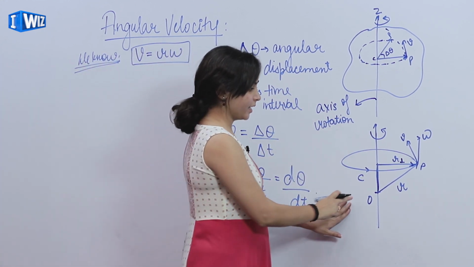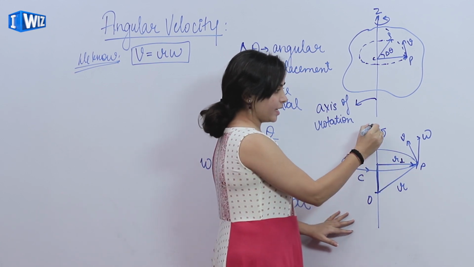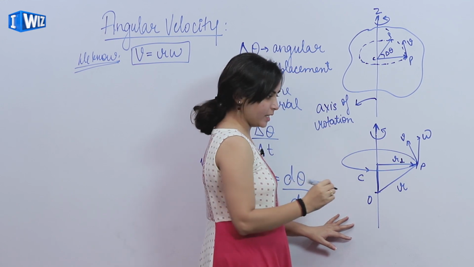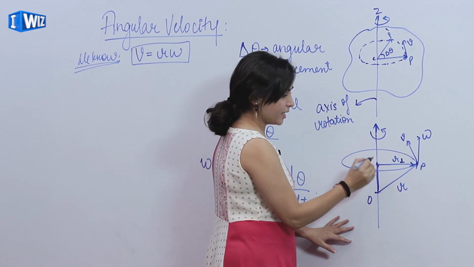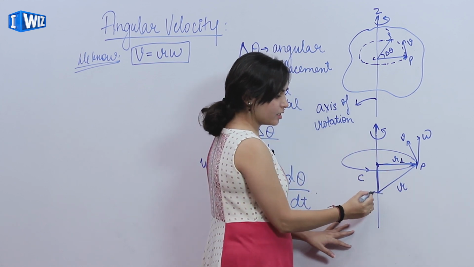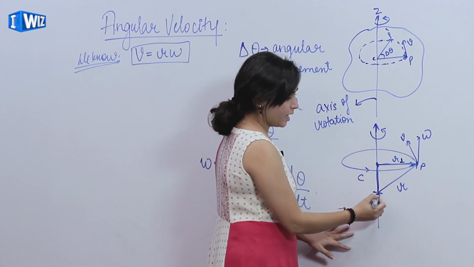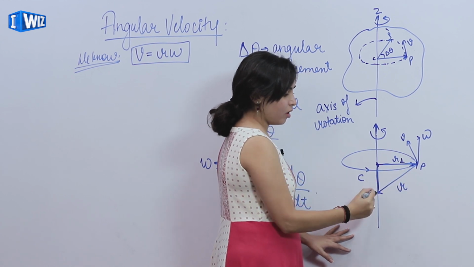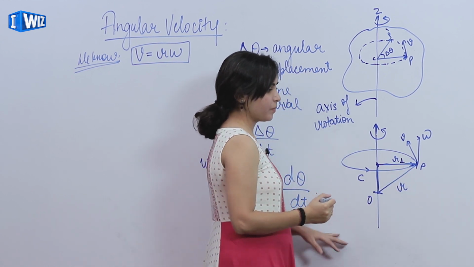यहाँ डायग्राम से देखेंगे. Again axis is fixed, particle is at point P, this is the center, distance is r, this is the origin of the axis, and this is r distance from origin to the particle.